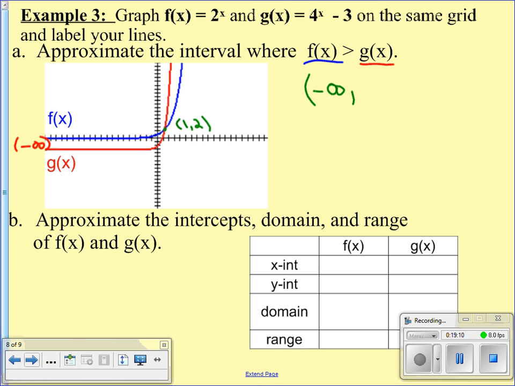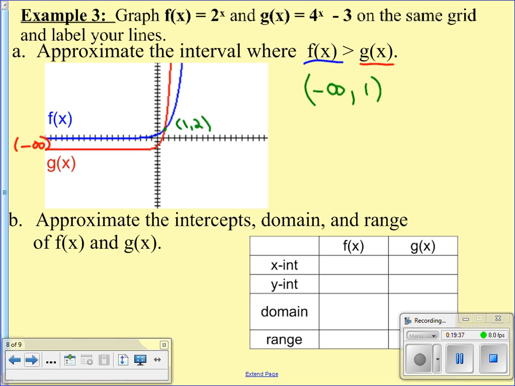Once we get to that intersection point 1, 2, all of a sudden the red line, g of x, jumps up a lot quicker, which means it starts to increase a lot faster than f of x, the blue one. So our interval where f of x is greater than g of x is from negative infinity up until you hit that intersection at 1.